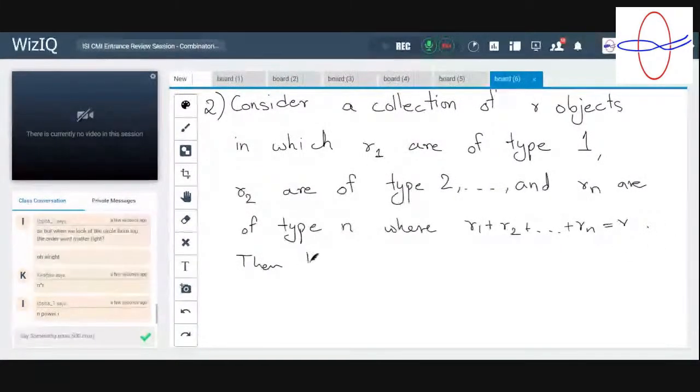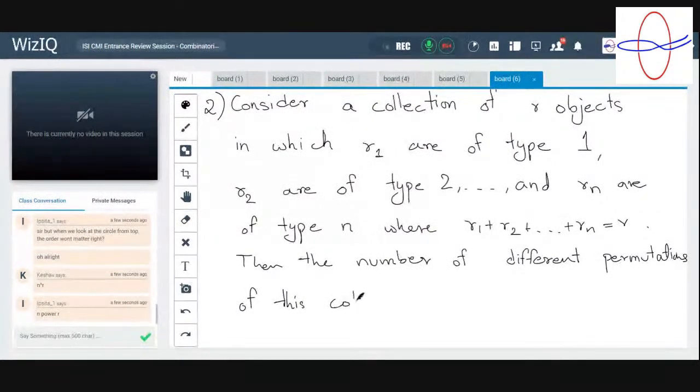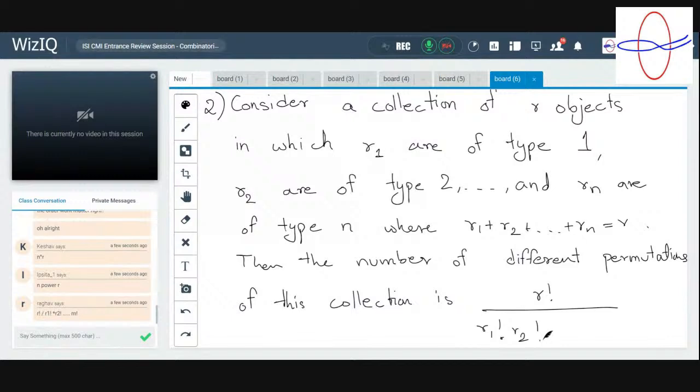Then the number of different permutations of this collection is r factorial over r1 factorial, r2 factorial, and so on till rn factorial.